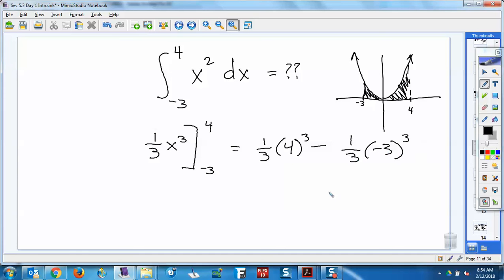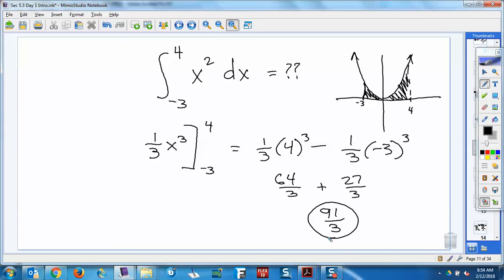Now parentheses become really important here, not so much in this problem, but in one where the antiderivative was multiple terms. You've got to be careful. And of course, then we get our 64/3 plus our 27/3. We get our 91/3.